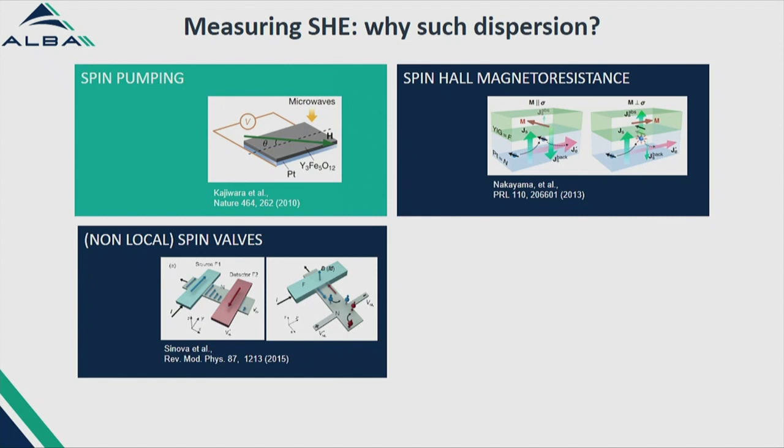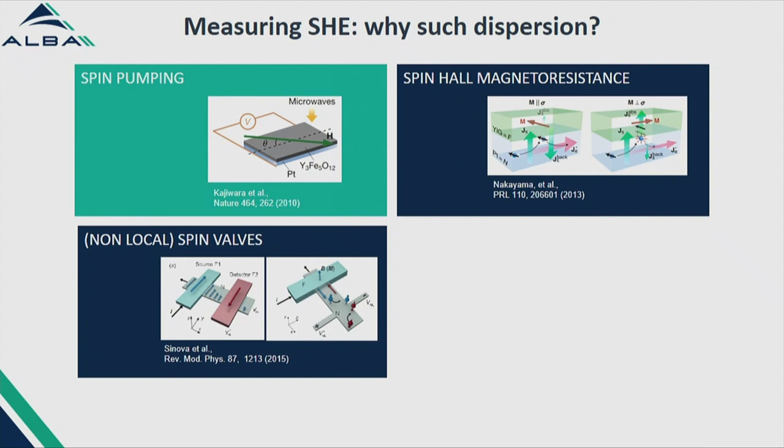One of them is spin pumping in a stack of ferromagnetic and non-magnetic material. Another is measuring magnetoresistance, again in a stack of a ferromagnet and the material we want to study, typically platinum. Then there are spin valves or non-local spin valves, also involving stacks of different materials and different interfaces, and sometimes the spin diffusion length also plays a role.